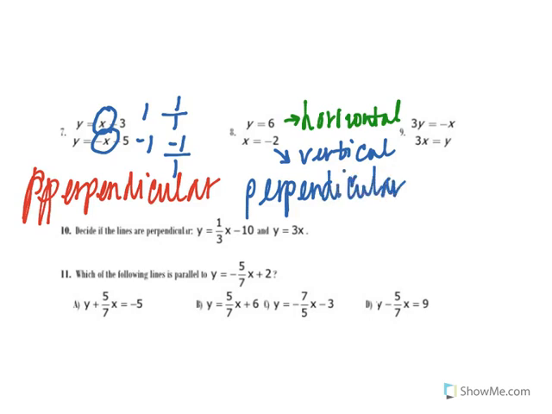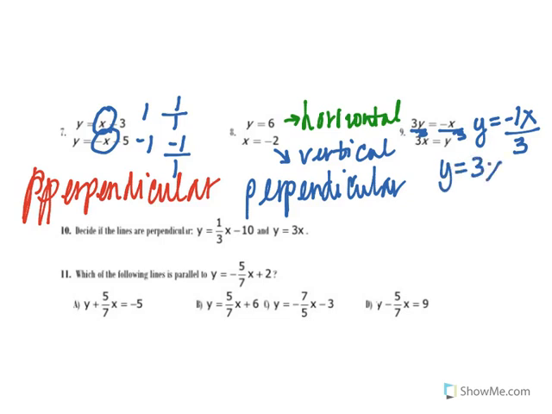And for number 9, in order to compare these two, you have to get y by itself. So all we would do for number 9 is divide by 3 on both sides. So you would get y equals negative 1x over 3. And the second equation is already by itself.